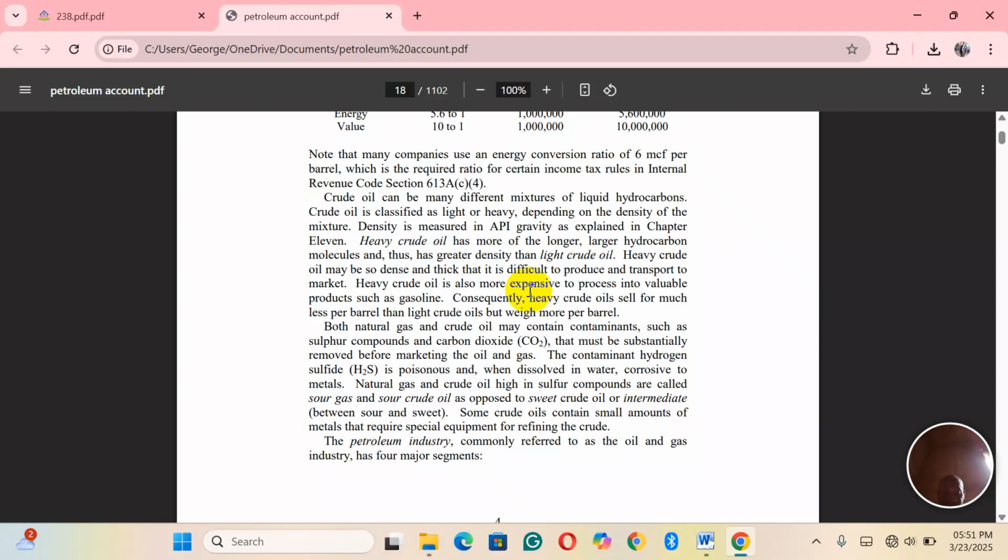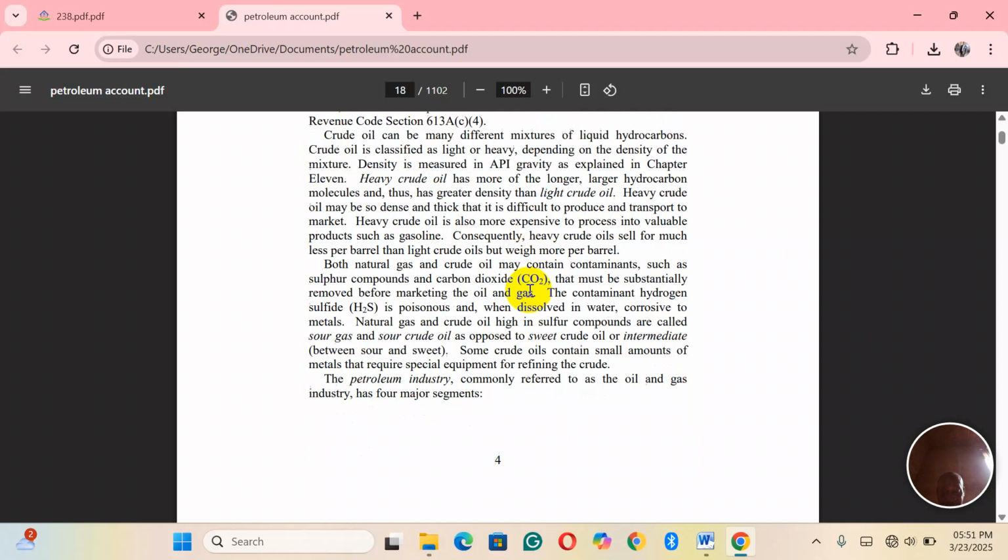Then the petroleum industry, commonly referred to as the oil and gas industry, has four major segments.